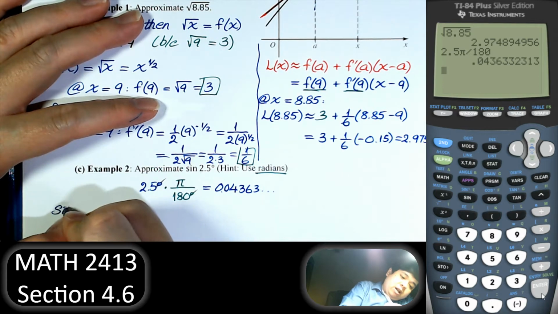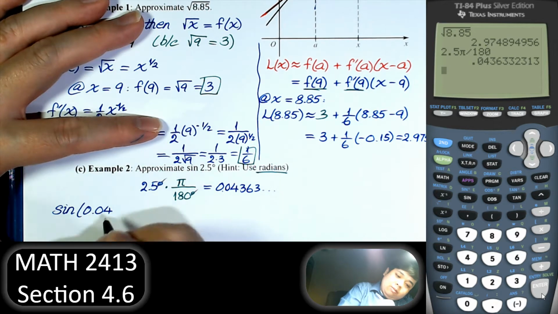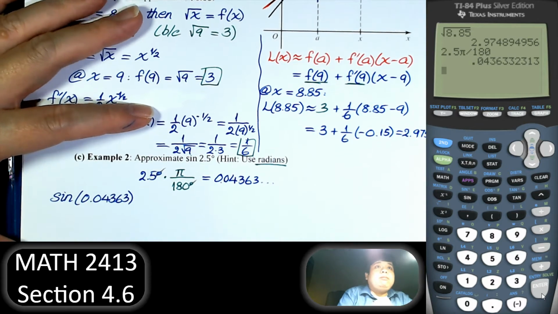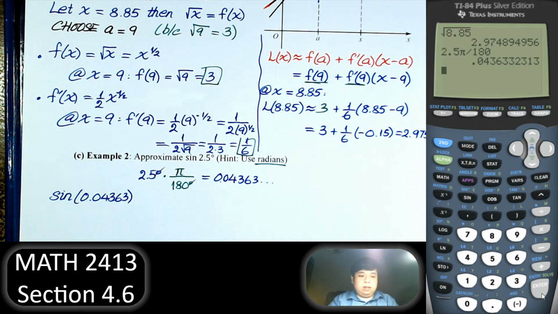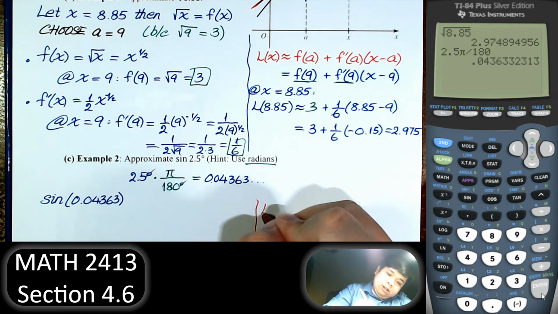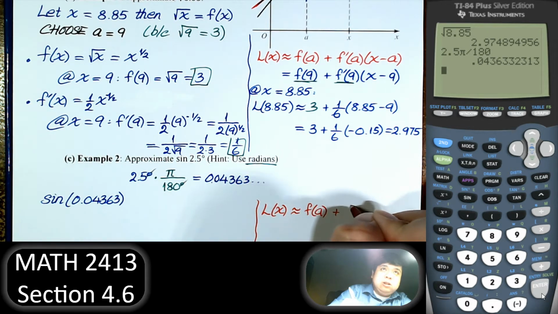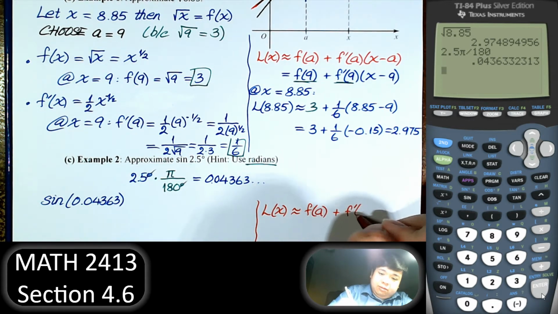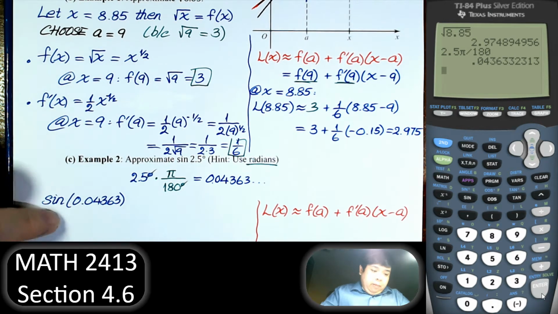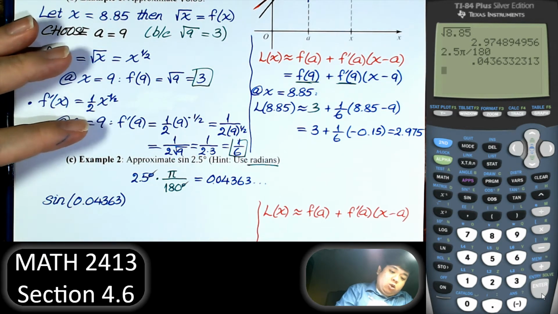So we approximate the sine of that. Now, of course, the linear approximation is just the equation for the tangent line. In this we have that number, so whatever the number in the equation is, it's going to be x.